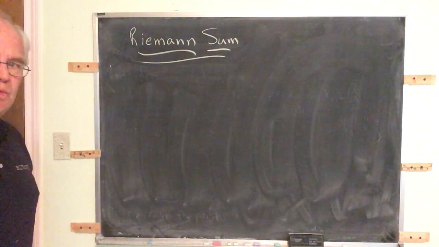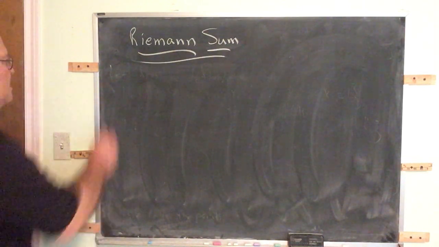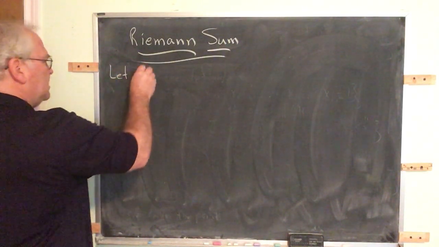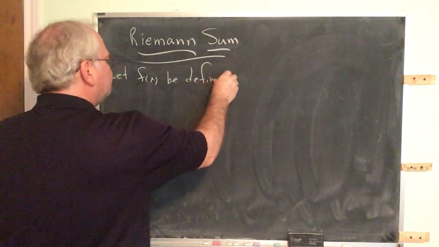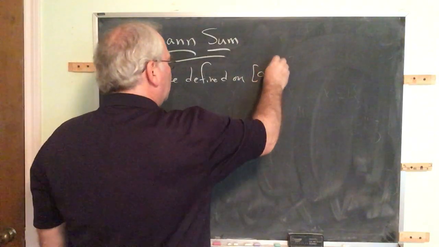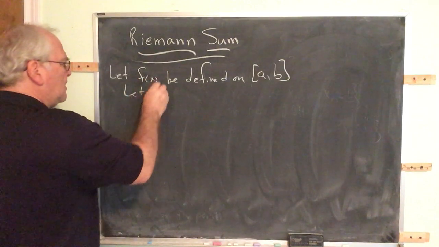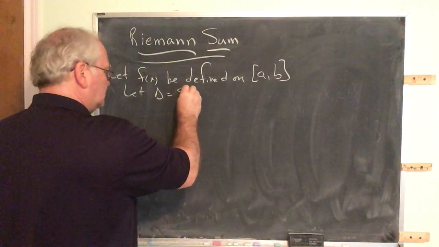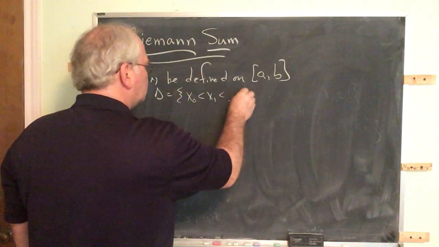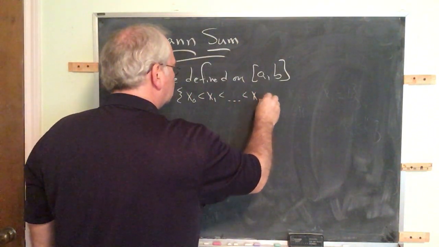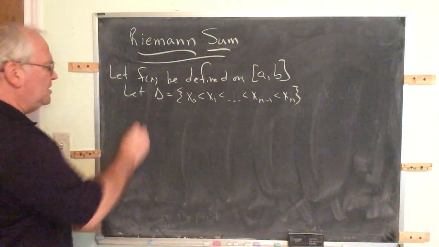All right, I think we have enough tools now in our toolkit to be able to discuss this notion of a Riemann sum. So, suppose we're given, so let's let f of x be defined on a closed interval AB. Let's let delta be a partition.